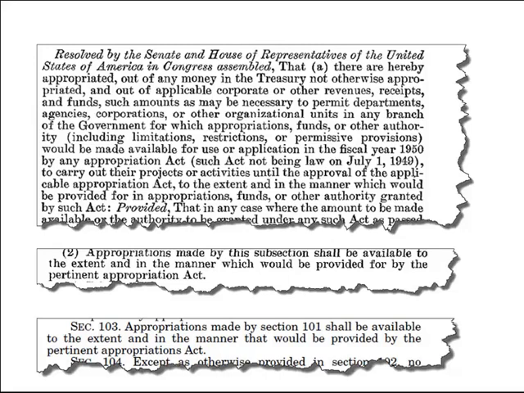But notwithstanding the futurity of the language, the current interpretation is that Pertinent Appropriations Act referred to is the relevant act from the previous fiscal year. Consequently, the interpretation of extent and manner in this case is that funds appropriated under the CR carry the same period of availability and account structure as their predecessor account.